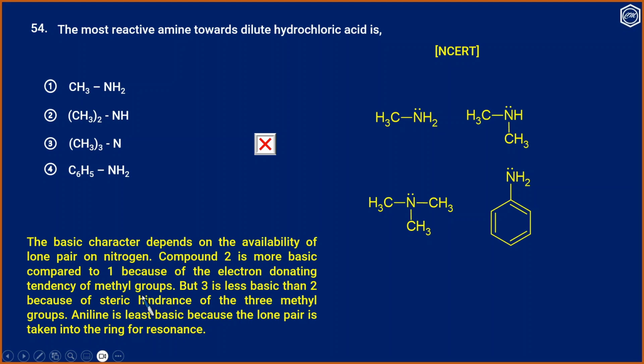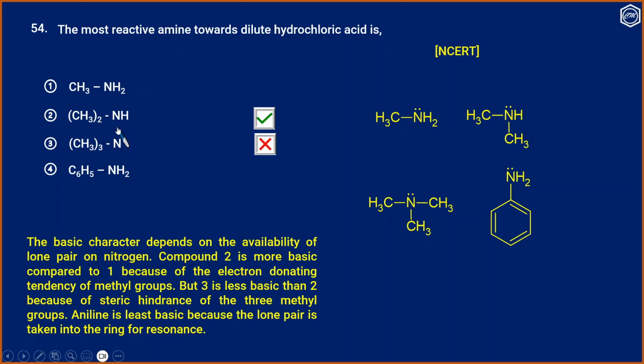The steric effect of 3 methyl groups hinders the availability of the lone pair on nitrogen. Aniline is least basic because the lone pair is taken into the ring for resonance. So the correct answer is the second one.